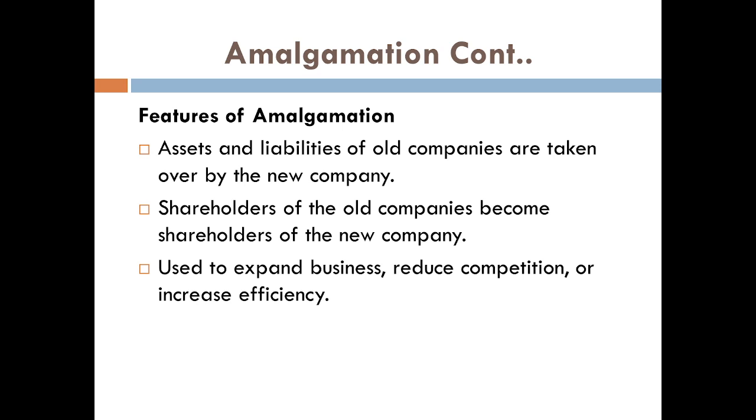The shareholders of the old company become the shareholders of the new company. But this is once again optional, where the shareholders might be given the option to become the shareholders of the new company, or there will be a mutual agreement between the selling companies to create a kind of ratio based on which the shares will be allotted in the new company. These things we will be looking at in the types of amalgamation. It is also used to expand business, reduce competition or increase efficiency.